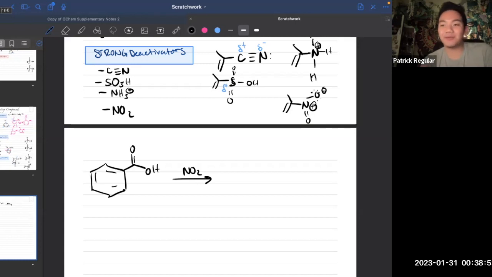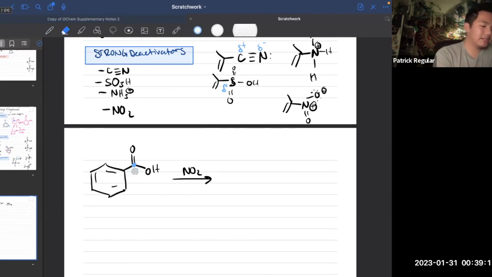How do I know it's meta-directing? Well, the atom that's directly attached to the aromatic ring is partially positive, so I know it's meta-directing. Not only that, it is electron withdrawing because you have a partially positive charge. That electron sink is pulling electron density out of it. Okay, we're trying to add a nitro group onto it.